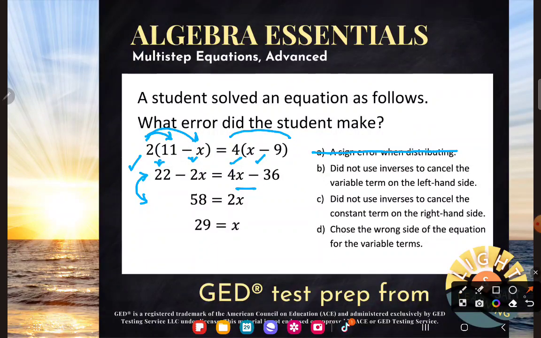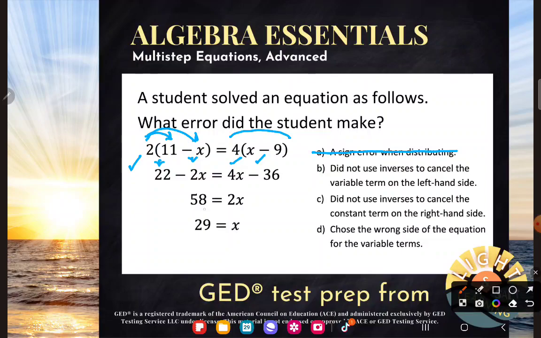Originally we have a constant term, a plain old number term, and a variable term, in this case an x term, on the left-hand side. We also see that on the right-hand side, there's a variable term and a constant term. But now look at the line below that.